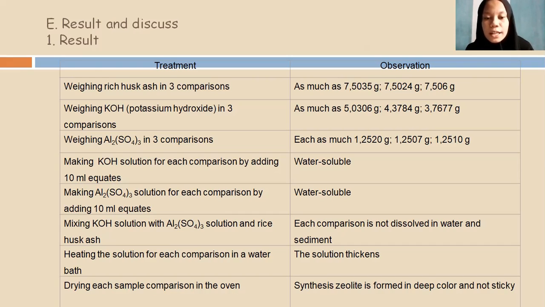Heating the solution for each comparison in a water bath. The solution thickens. Drying each sample comparison in the oven. The synthesized zeolite is formed in a dark color and does not stick.